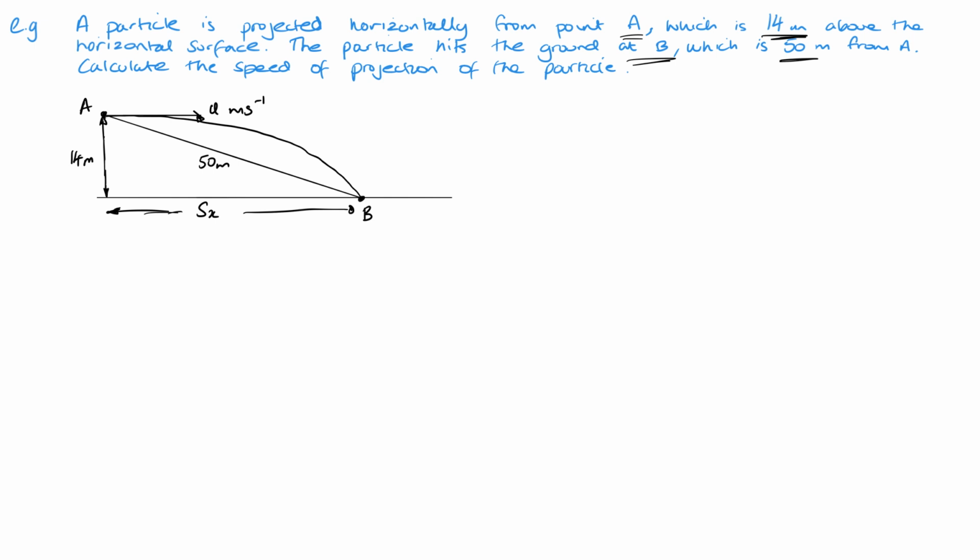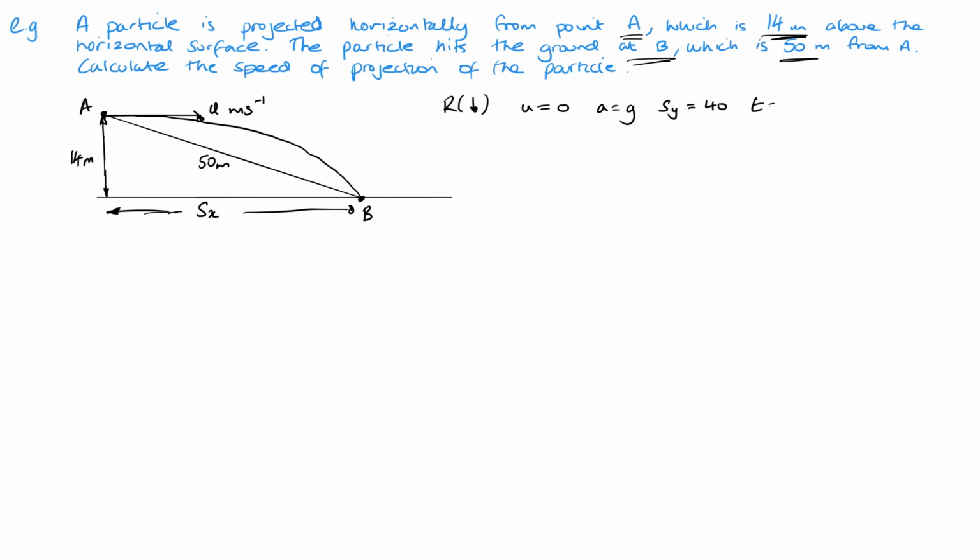Now, we essentially need to do a lot of what we did in the previous one. The first step, resolve vertically. Just like in the previous one, this will enable us to find our time. So we know U is 0, we know A is gravity, I'm taking down as positive. S, Y is going to be, what else have we got?